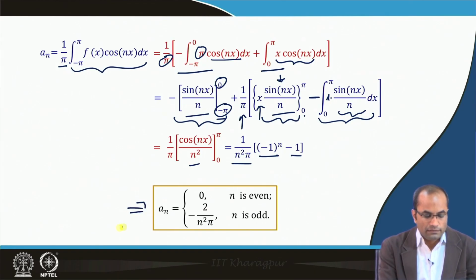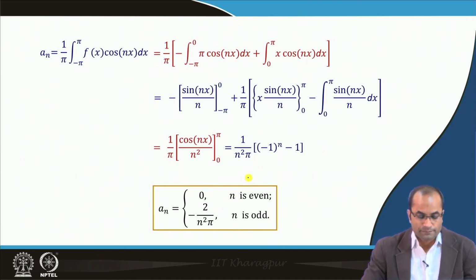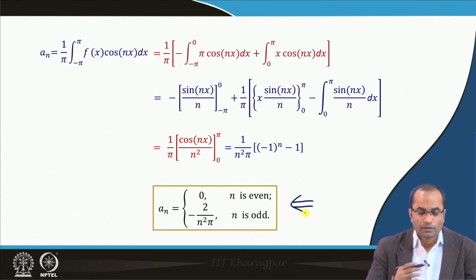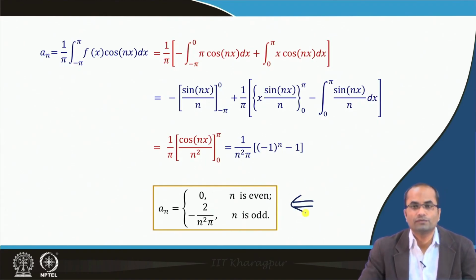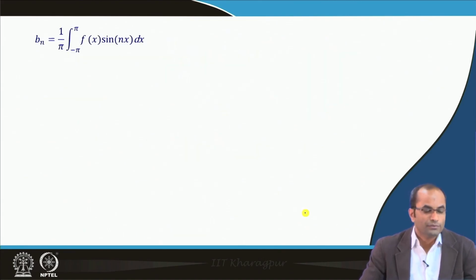So, the Fourier coefficients a n are now computed: when n is an even number, this is positive and this is negative, so they cancel and we get 0. When n is odd, this is minus 1 and this is minus 1, so we have minus 2 divided by n square pi. So we have got the Fourier coefficients a n.